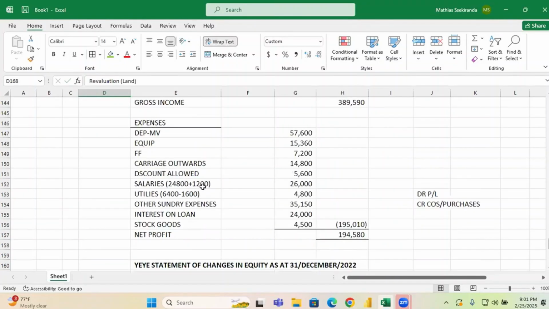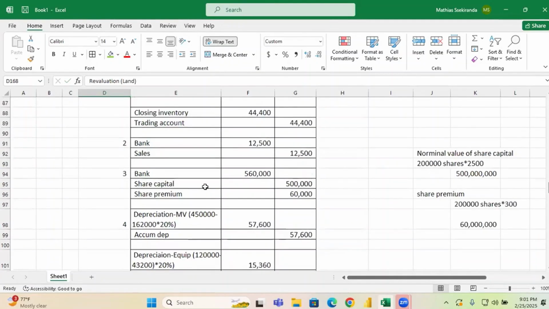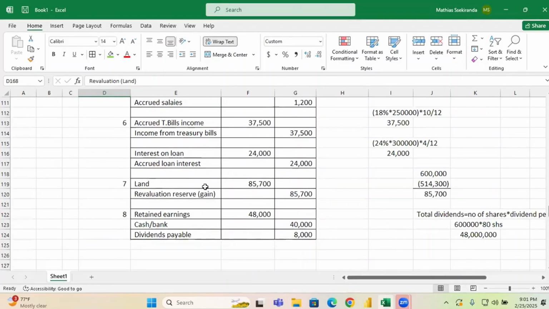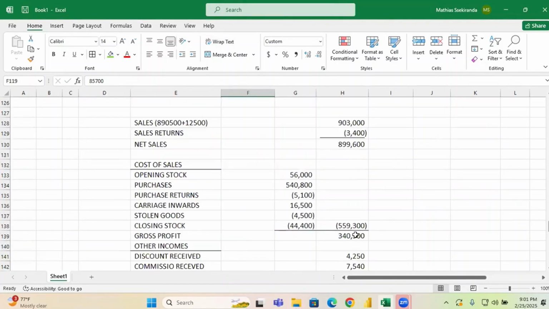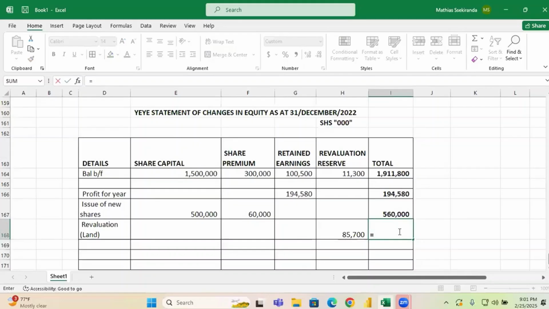So land, we had an entry of revaluation of land, and it was how much? Somewhere, it is here, 85,700. So our revaluation surplus is increasing by 85,700. You also get the horizontal total.